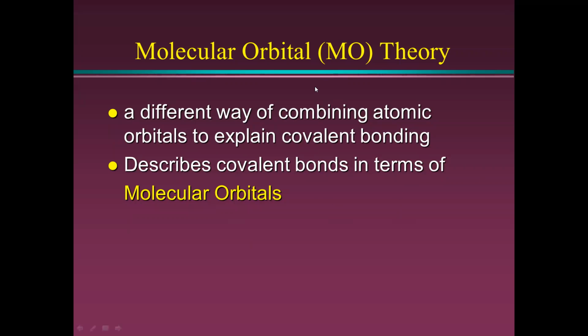You know the molecules are composed of atoms, right? In other words, atoms are bonded together to form molecules. So molecular orbital theory describes a covalent bond in terms of molecular orbitals that are combined from the atomic orbitals.